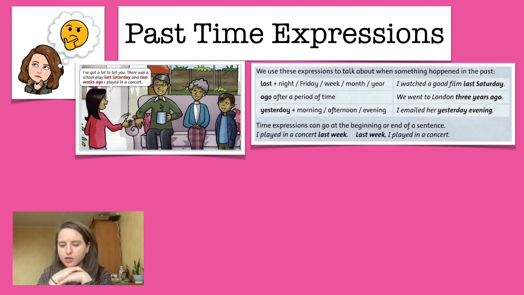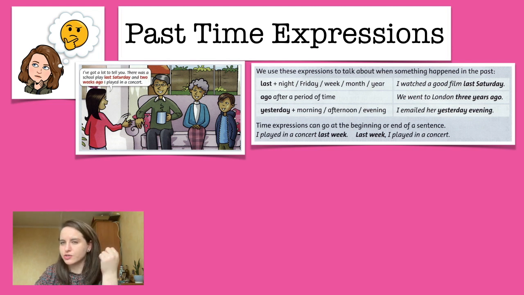Ago. Ago tells us how far in the past something happened. 2 minutes ago. Last night, that was 1 night ago. Okay? 2 years ago. 3 months ago. Okay? It tells us how far in the past. Yesterday. You know yesterday.